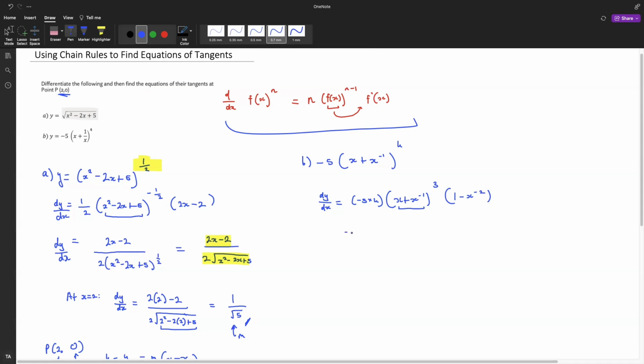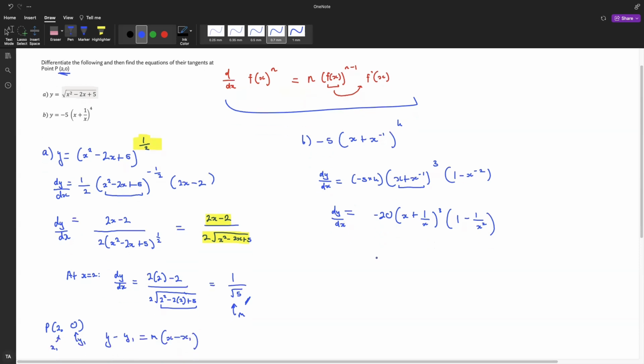So simplifying this, we get negative 20 times x plus 1 over x, all to the power of 3, multiplied by 1 minus 1 over x squared. That's what our derivative is going to be. Now again, we want to find the equation of the tangent at point P, which is (2, 0). So at x is equal to 2, we want to sub this in, and we need a calculator for this one.